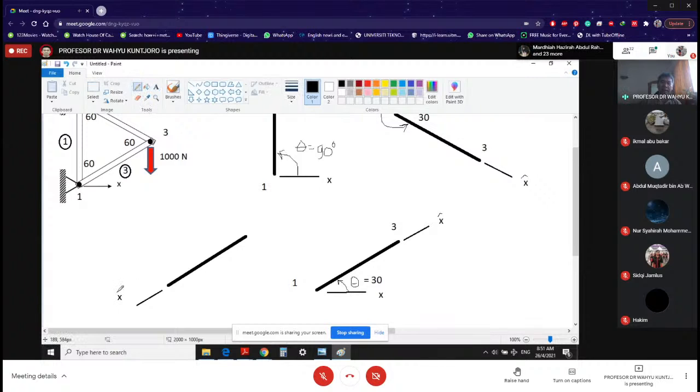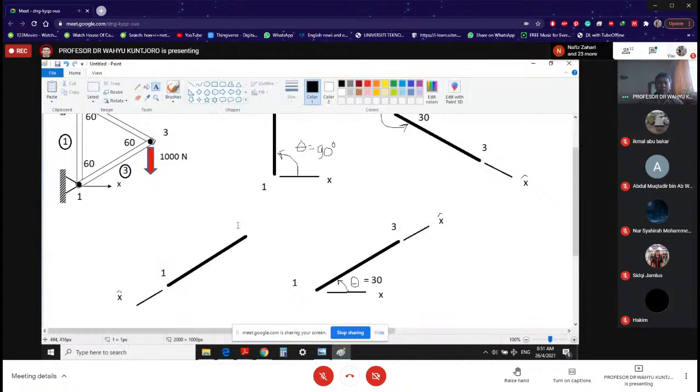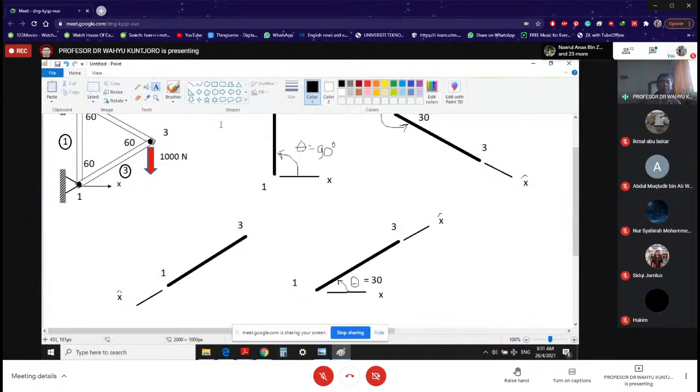If I ask you to write down the equation, then you might make a mistake. In our case here, that is node 1, that is node 3. Now I decided to have this X local from 3 to 1, that will affect the equation. But at the moment, we are not writing the equation, so it doesn't matter.